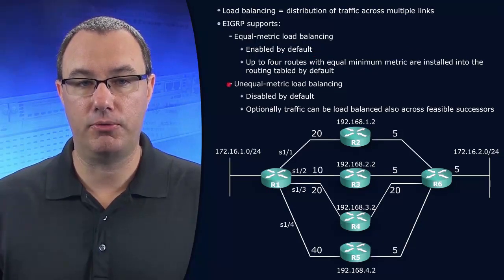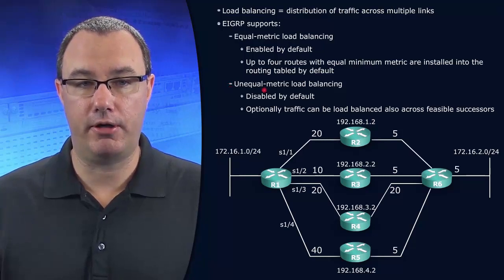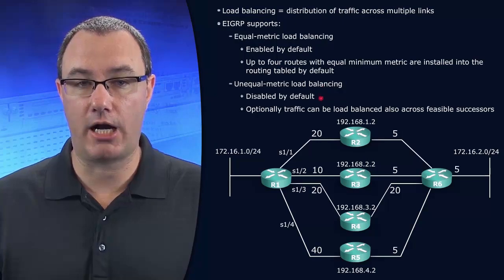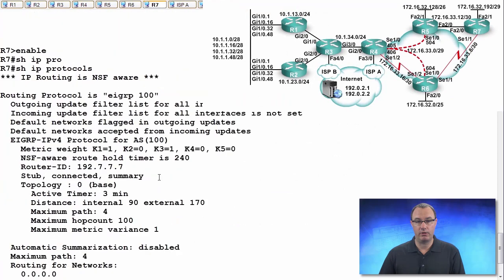But what's strikingly unusual is that it is capable of unequally load balancing. This feature is off. We know it's off when we see the following. When we see that the variance, took me a little while to find it, the variance command is what turns this on or off.